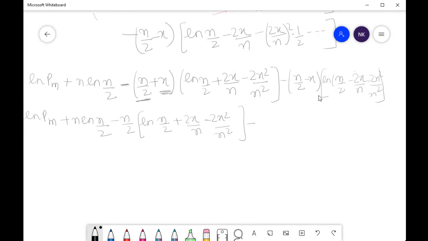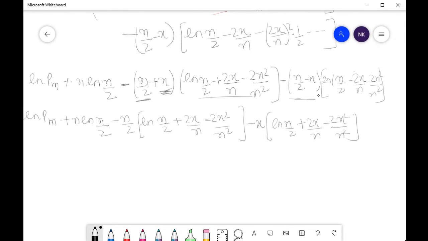Firstly, I'm just multiplying n by 2, then this x with the whole this term, then plus x, like minus आएगा ना, minus x because it is minus outside. So I'm getting log n by 2 plus 2x upon n minus 2x square upon n square.